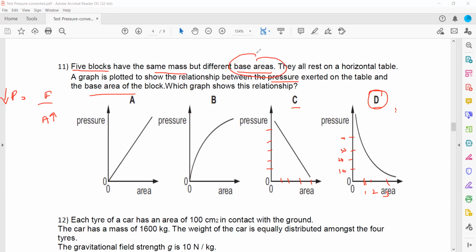So if we place 5 blocks which have the same weight or same mass and different area, the one which will have a large area, they could even decrease, but the graph between the pressure and area will always be a curve. If the area is more, the pressure is less. If area is less, the pressure will be high.